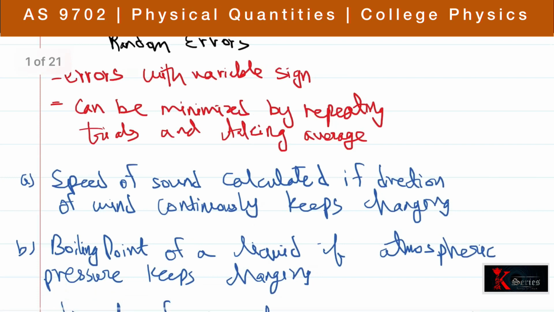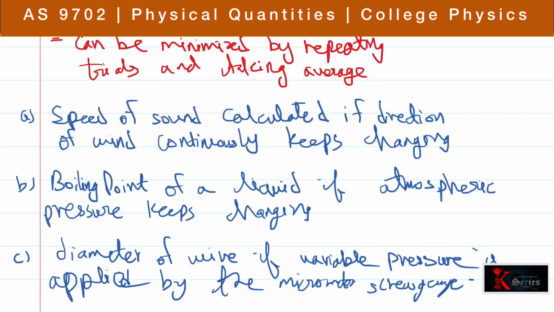We know the boiling point of a substance changes according to the atmospheric pressure, so this is also a result of continuous variation in external conditions. Since the atmospheric pressure is changing, the boiling point we obtain through a specific experiment would also be different. Therefore, this is an example of a random error.